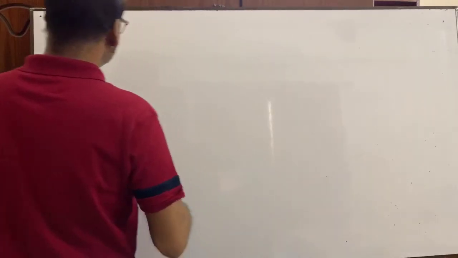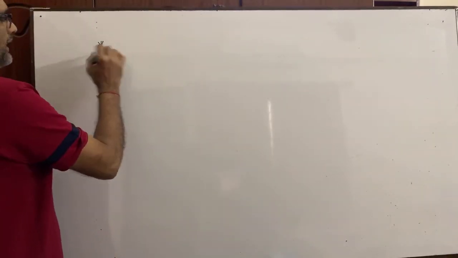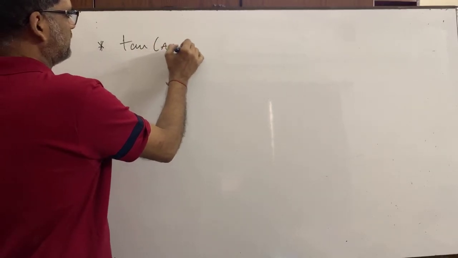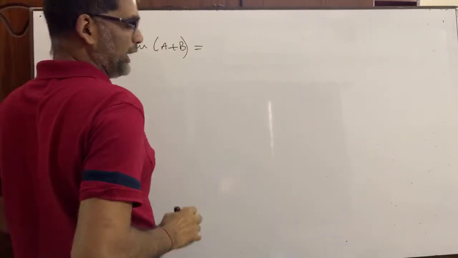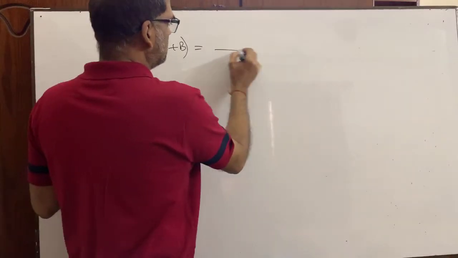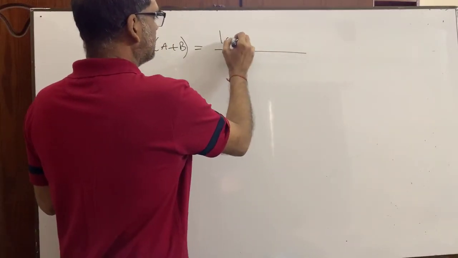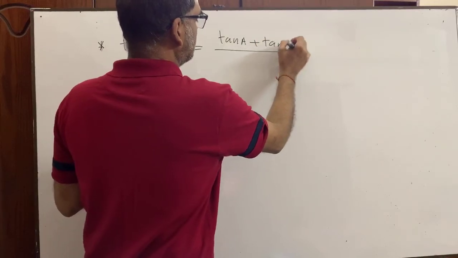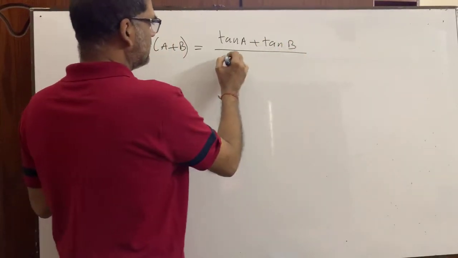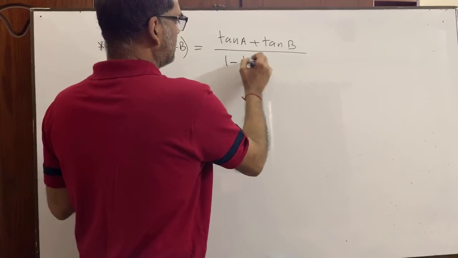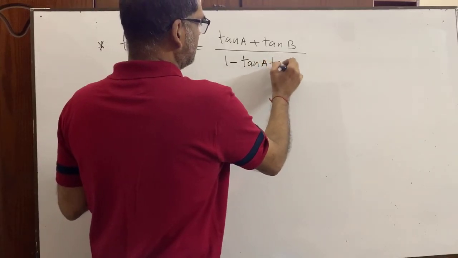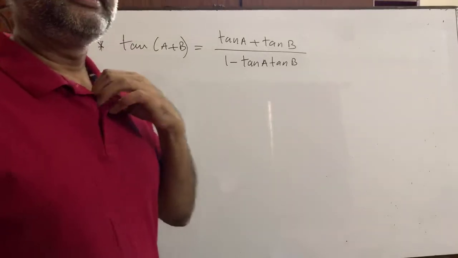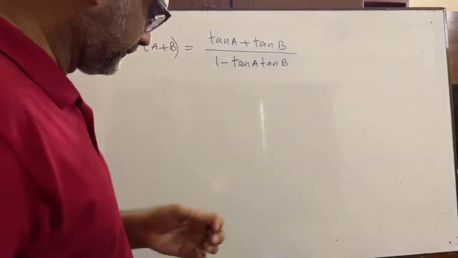Now we again write down tan of A plus B is equal to tan A plus tan B by 1 minus tan A tan B, right? It is the formula. Yes.